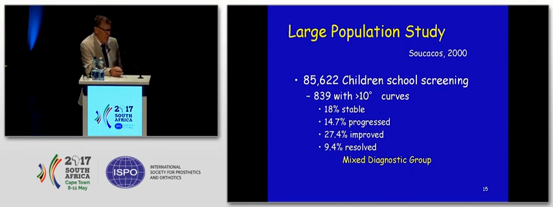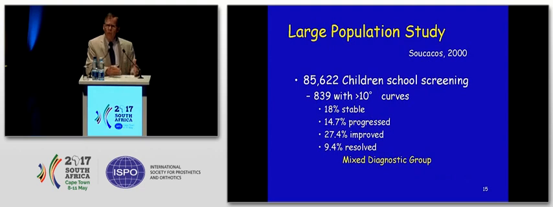In another study from Greece, looking at 85,000 children, 839 were found on school screening to have curves in excess of an estimated 10 degrees. Of that group of patients, 18% were stable and did not change through follow-up, 15% progressed, 25% improved and got better, and that's very significant, and I'll come back to it, and 9.4% resolved completely.